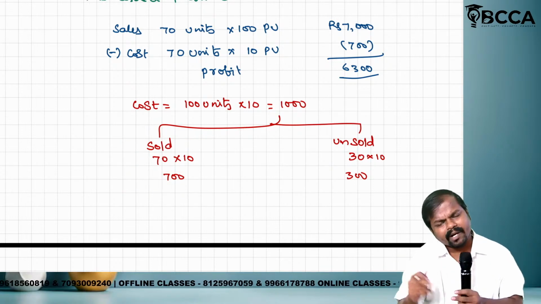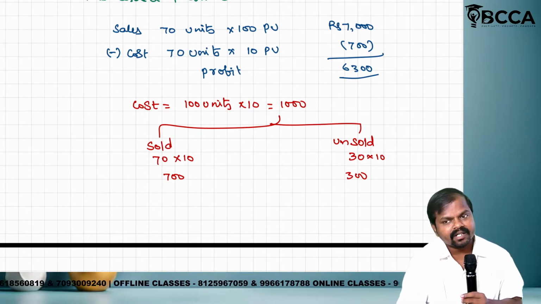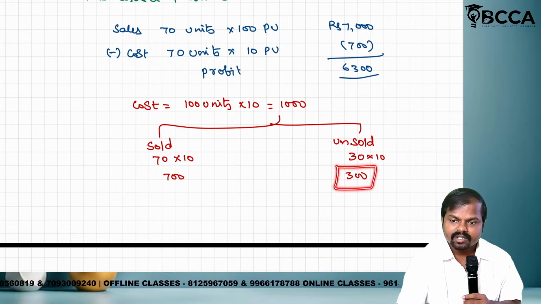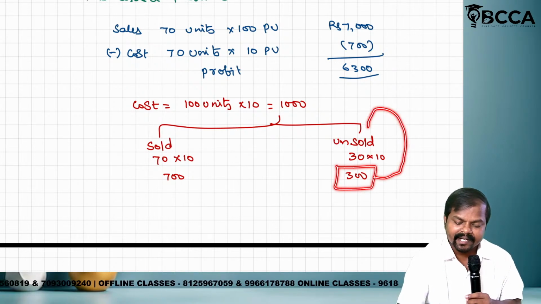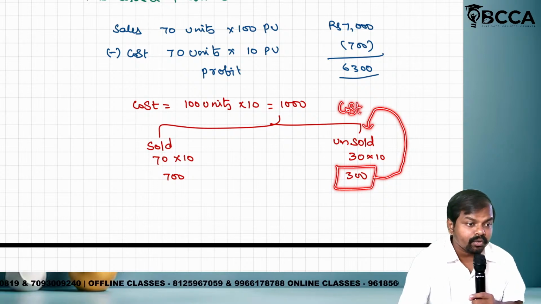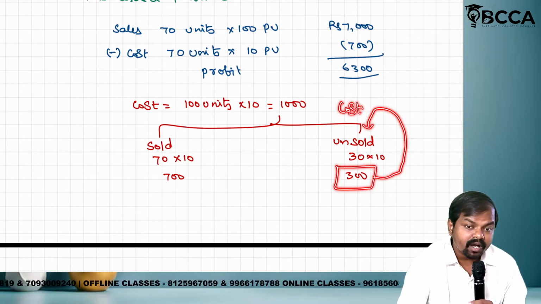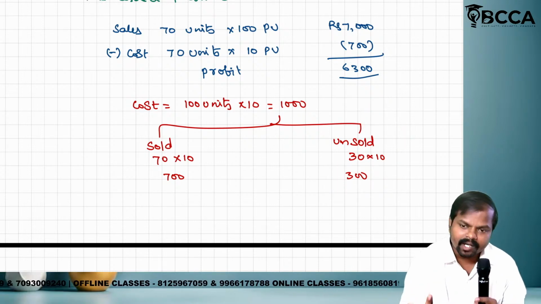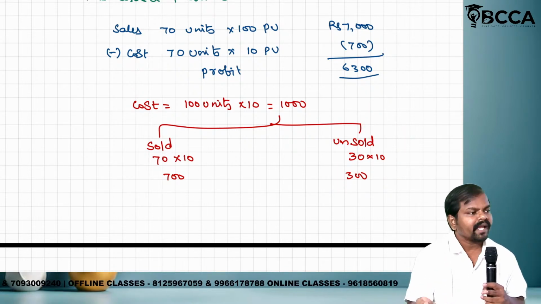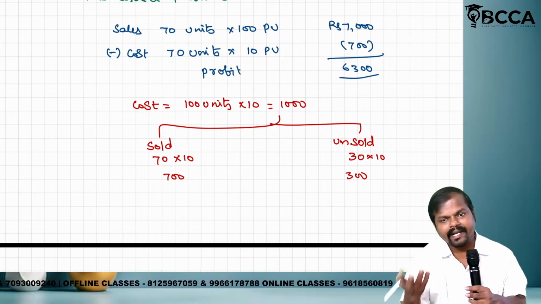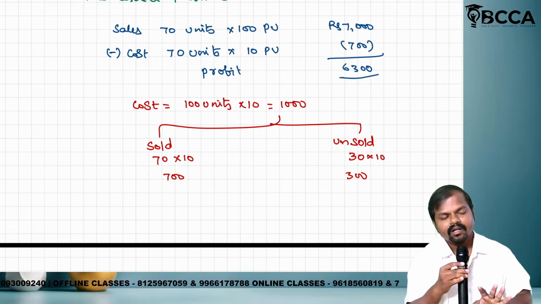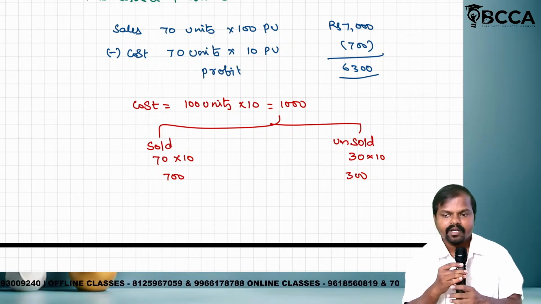Can you guess the alternative definition of unexpired cost? Unexpired cost means cost which is representative of the cost of unsold units or the cost of closing stock units. Unsold or closing stock, one and the same. Anything is correct. Now, is it clear?